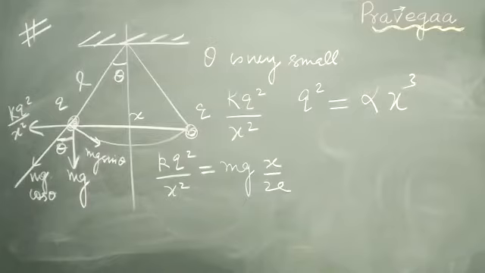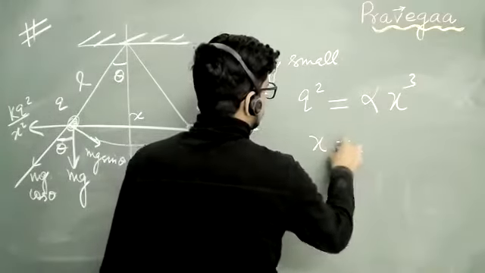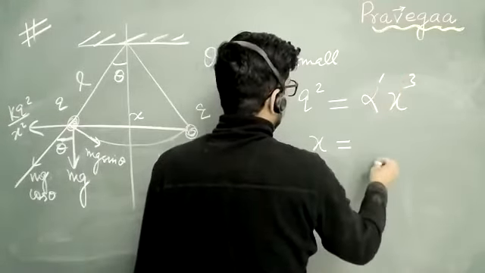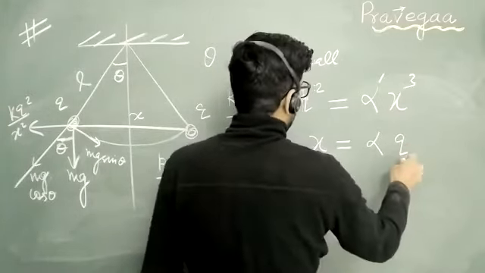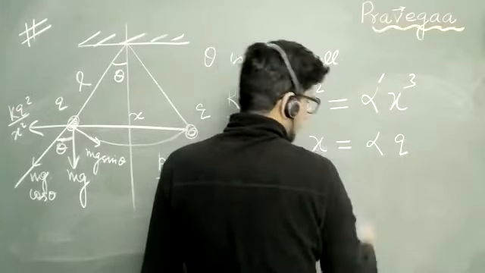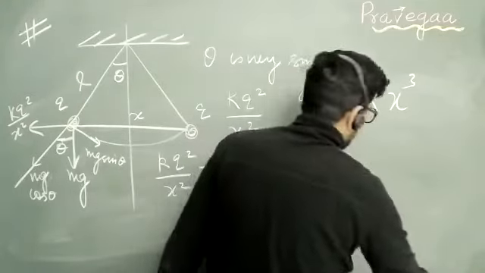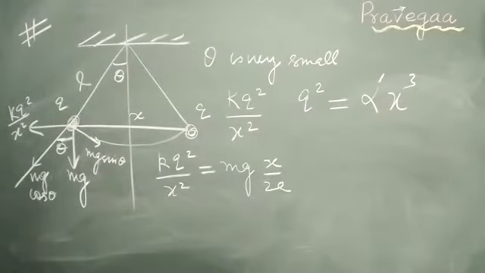Yes. So what is x? It is alpha dash. It is alpha q to the power. Or I can calculate this also. Don't worry, from any side I can calculate. So I have to calculate the value of the velocity, right?